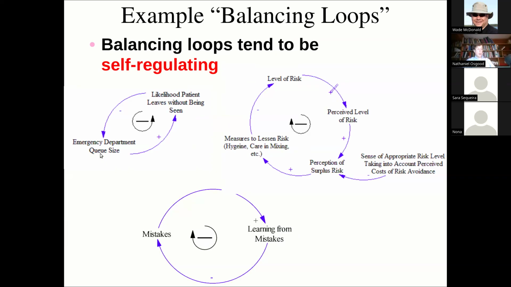Or, as Wade talked about, if the emergency department or an urgent care center queue size is too long, if there are too many people waiting in line, probably some will leave, and that will lower the emergency queue size. It's a self-regulating process. It's not to say that's always desirable. There are times where this is desirable, sometimes where it's not. But this is another example of a negative feedback, of a regulatory or balancing process. Here's another, right?